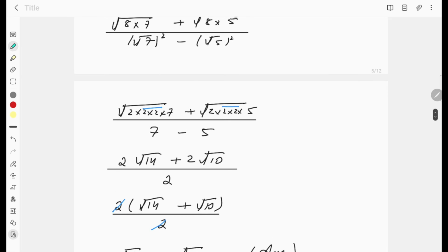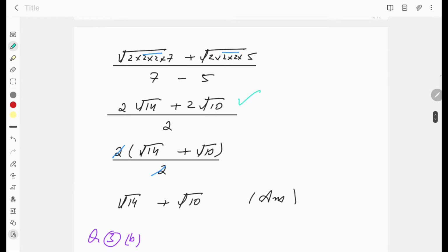So you can identify that this 2 is appearing in pair, so it will come out of this square root sign. So 2 under root 14 plus 2 under root 10 in the numerator, in the denominator 7 minus 5, which is 2. You can take 2 common from the numerator, so these two will cancel out, and this is your final answer.